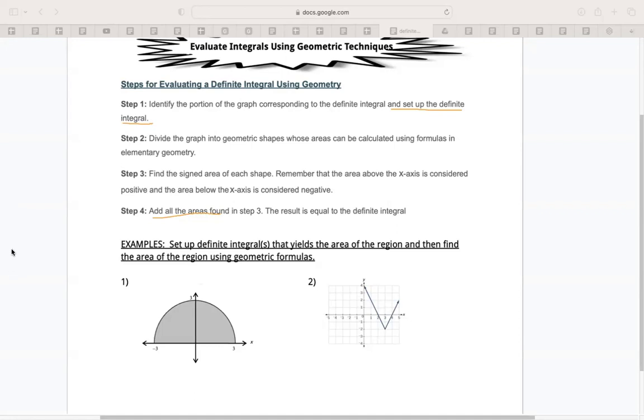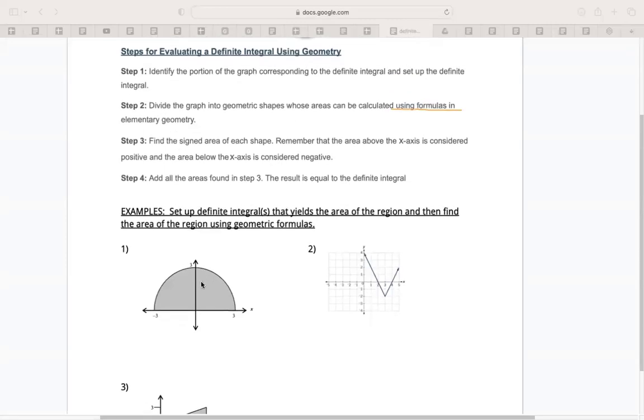All right, so let's get started with step number one. I'm going to go with step number one and solve number one down here at the same time. So first step is we're going to identify the portion of the graph corresponding to the definite integral and set up the definite integral. On our first graph here, we have a region, and hopefully you're seeing that the region looks like a semicircle.